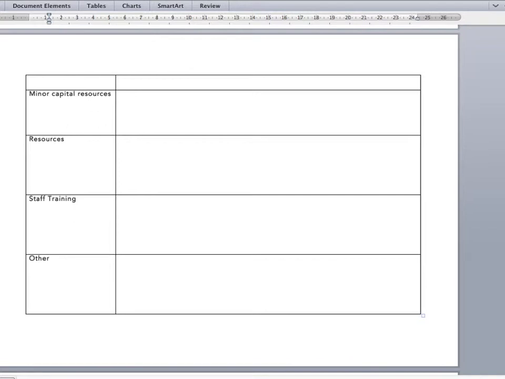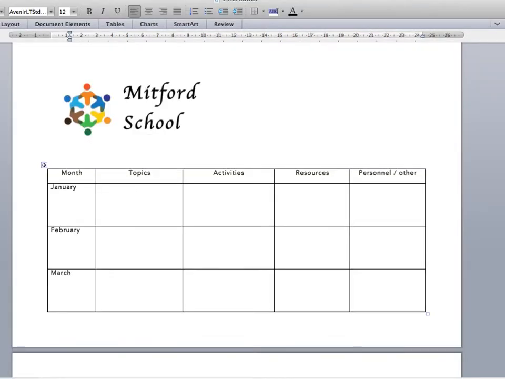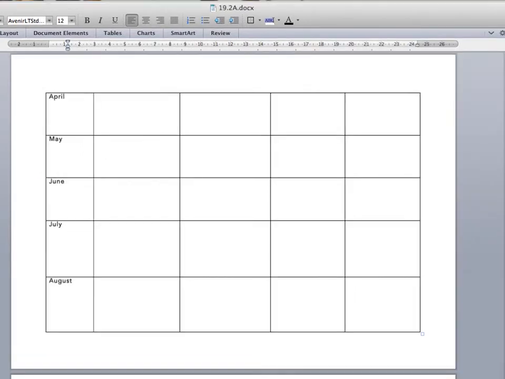So we might start by looking at the budget, at the program itself, and I'm just bringing that up now. You can see on the screen the school program, and it's broken down into topics, activity, resources, and personnel, and you can see it runs through to the end of the year.